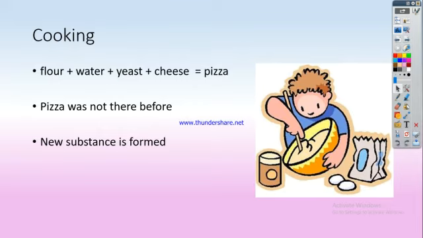The pizza can't return back to each of these ingredients. Okay, at the end we can say that a chemical change happens when substances react together to give a new substance, and this new substance cannot return back to the original substances.